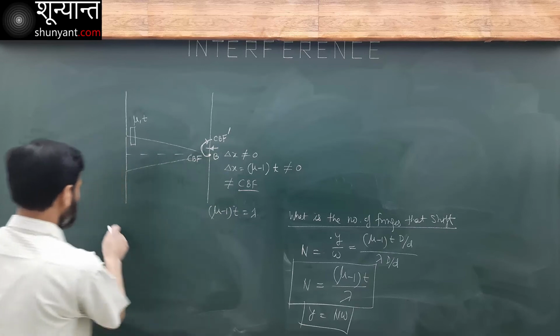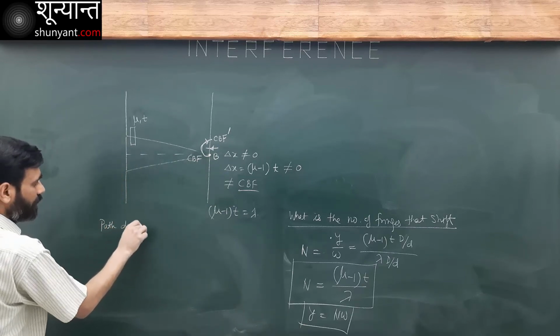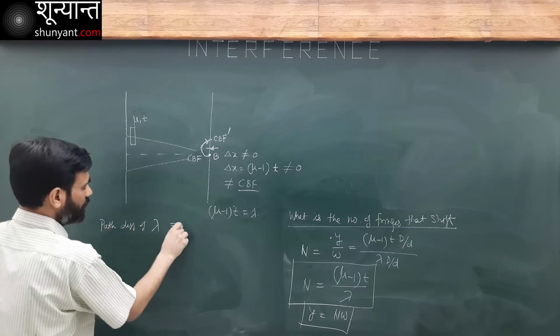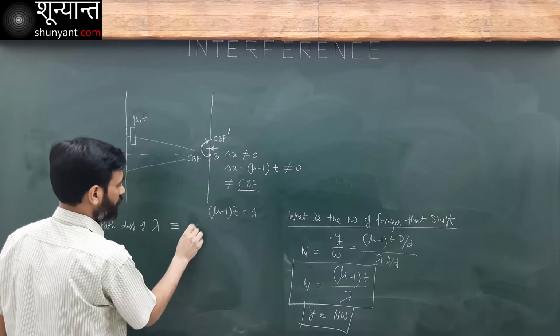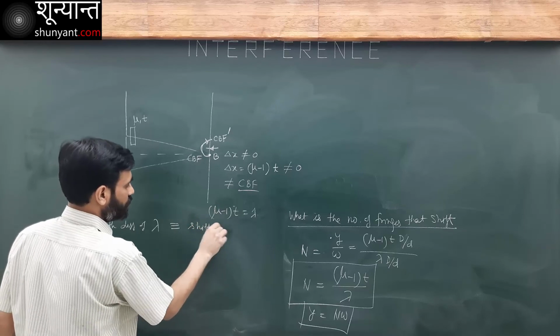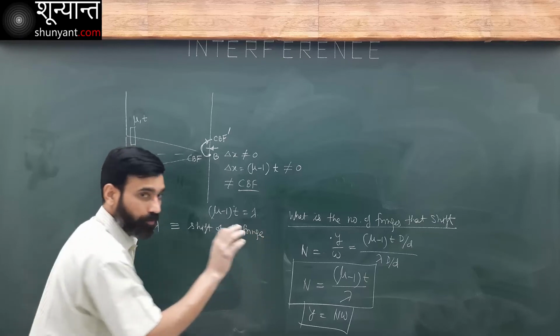The central bright fringe that was here will shift and go up. That means a path difference of lambda is equivalent to a shift of one fringe.